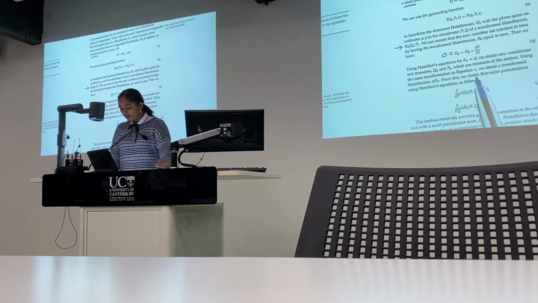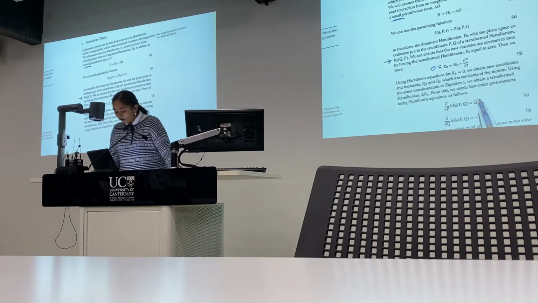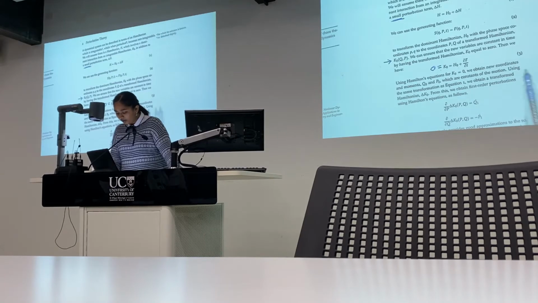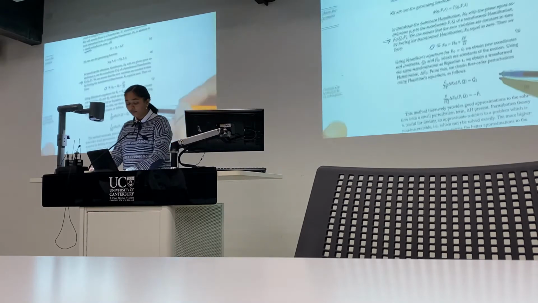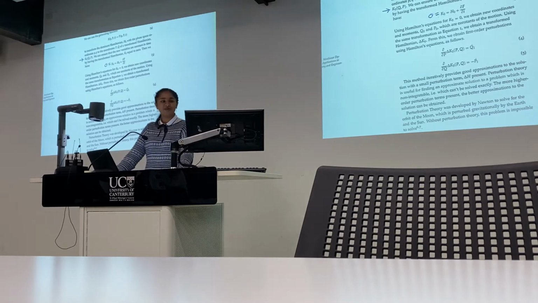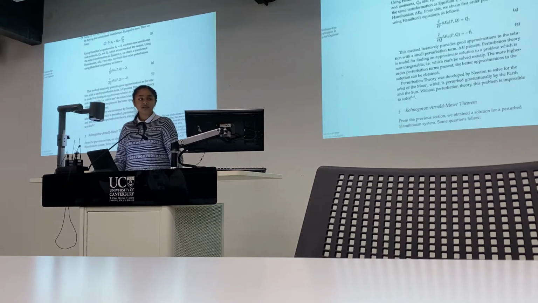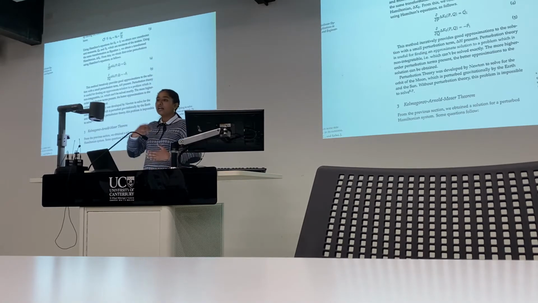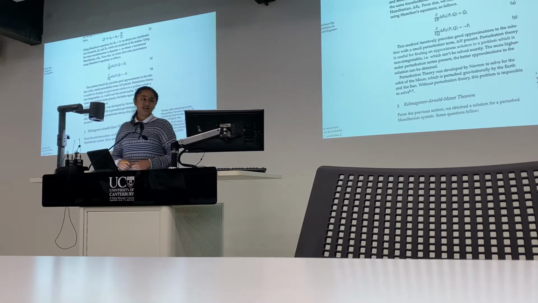Using the same transformation as this first equation over here, we get a transformed Hamiltonian delta K naught, from which, again using Hamilton's equations, we get first order perturbations described by these two equations over here, which I'm sure look familiar to a lot of you, having done a whole assignment on that. The point I'm trying to make here is that this method iteratively provides good approximations to the solution if we have a small perturbation term, delta H, present.